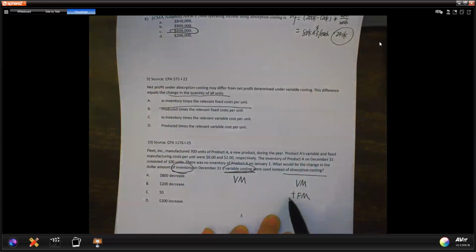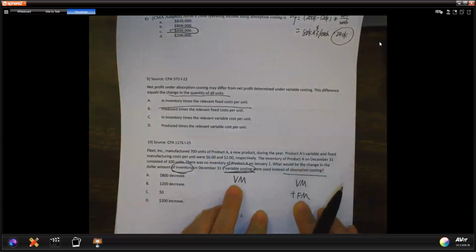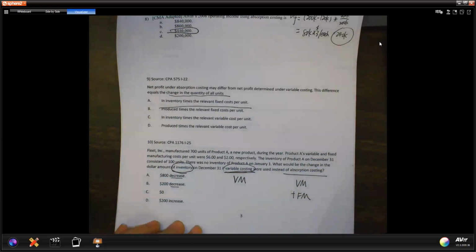So most likely you have some fixed manufacturing cost. So your inventory under absorption costing will be more than under variable. So variable will be lower. So you have to first know it has to be decreased compared with using absorption costing. What's the magnitude? What's the number of the difference?